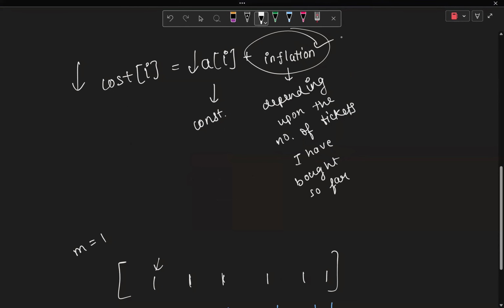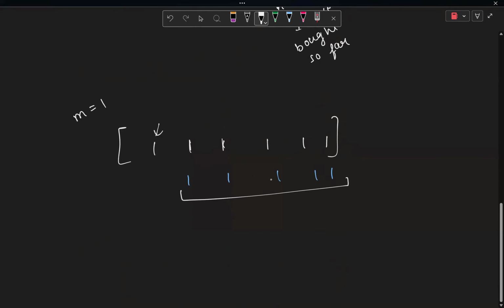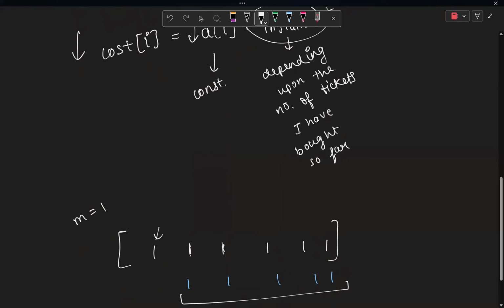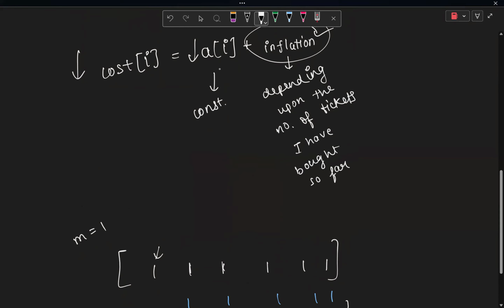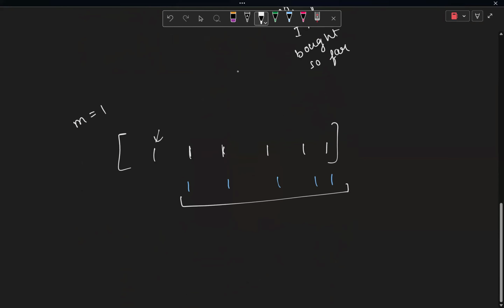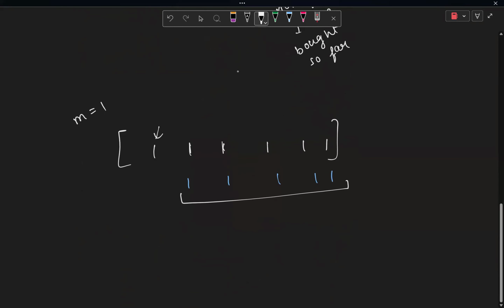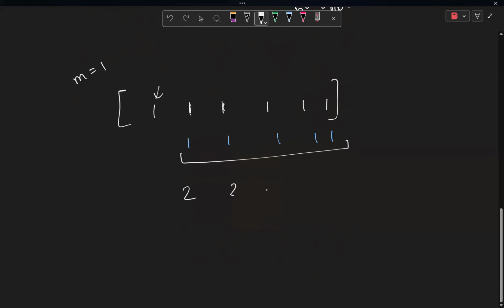Let me put up my laptop on charging. The basic idea which I had at this point of time is this inflation does not depend upon which day I choose. It only depends upon the number of tickets I have already bought so far. So the total cost for these days would have now been 2.